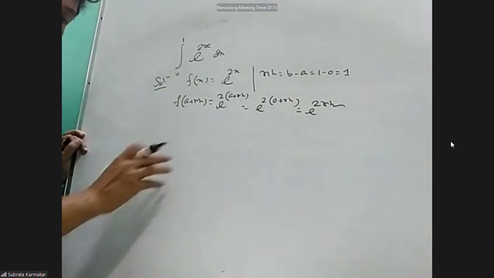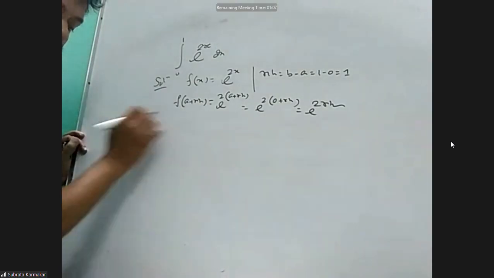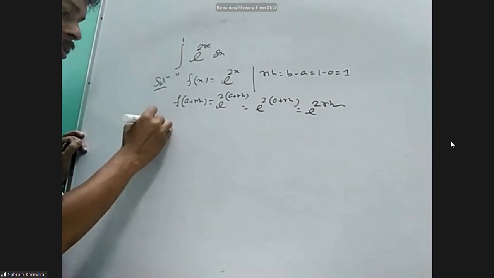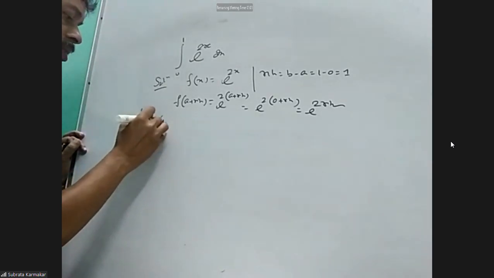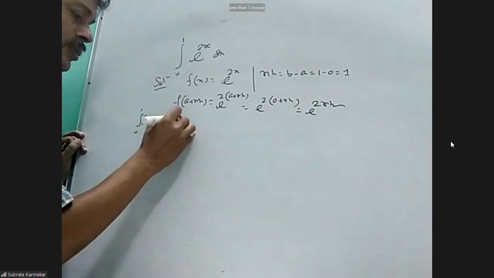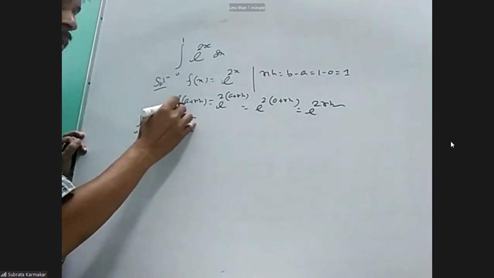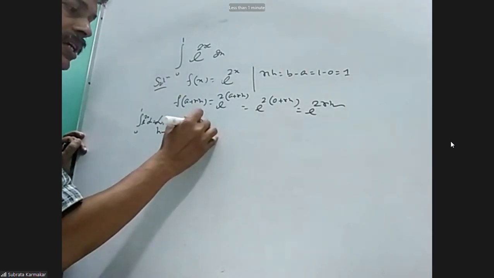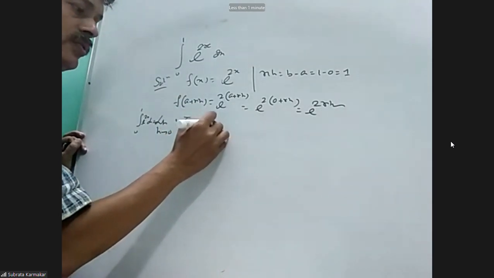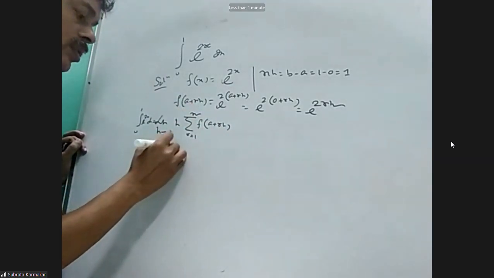Now if you put the value over here, what will you get? I am doing it directly now, so you can understand. Integration 0 to 1 e^(2x) dx equals limit h tends to 0 h into summation. Since a is 0, the lower limit is 0, so f(rh), r from 1 to n. So this value is e^(2rh).